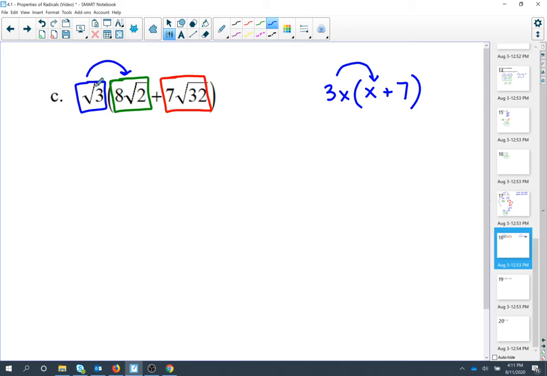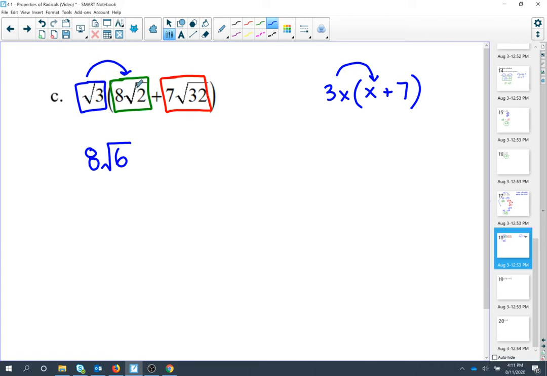If I multiply this root 3 by this 8 root 2, root 3 is on the inside. 2 is on the inside. So I can multiply the 3 with the 2, and that's going to get me a root 6. But what about the 8? He's on the outside. So you have to leave him on the outside. And really what's happening is he's being multiplied by the 1 here that you can't see.